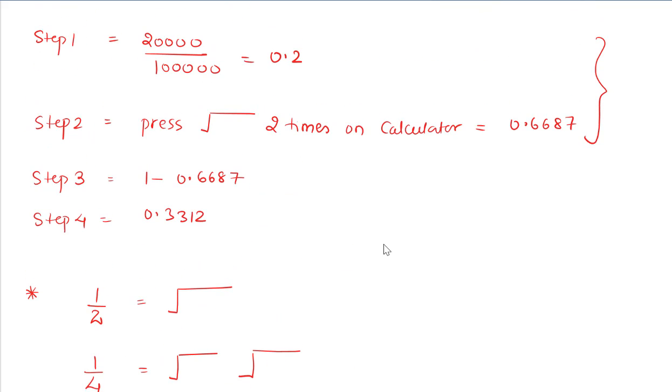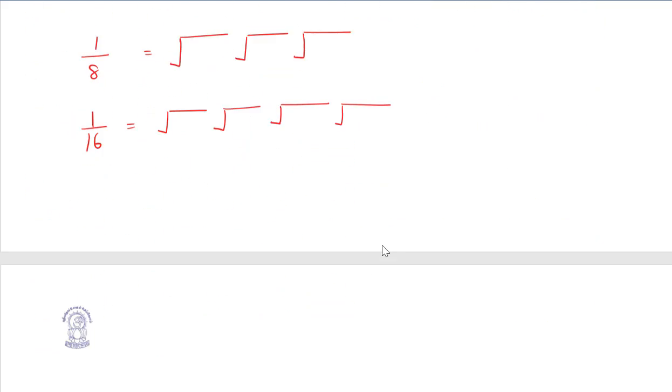Yes. Let us write one more example and try to understand. Let us take a bit difficult figure.